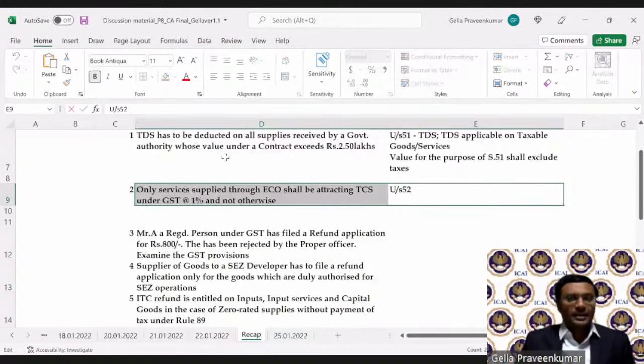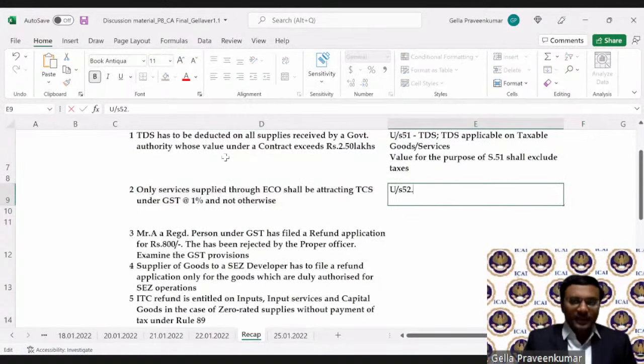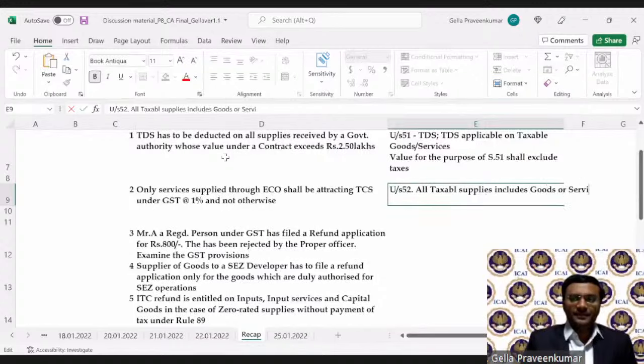So the answer for this question: you will say notified supply, all taxable supplies, includes goods or services. No restriction for TCS applicability for services alone.